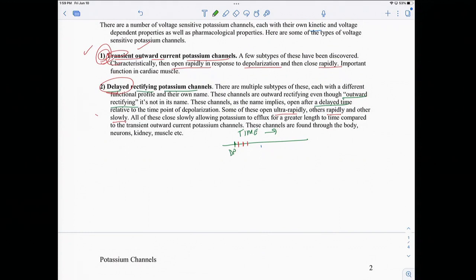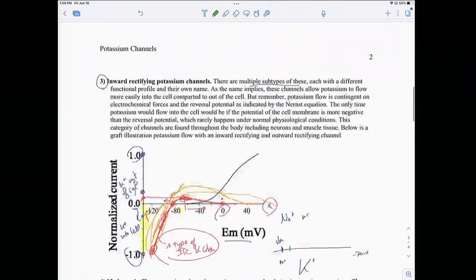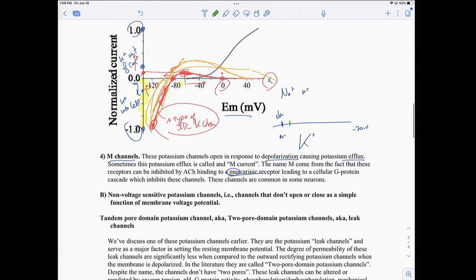Delayed rectifying means there's a little bit of delay before they open after depolarization, but how long they stay open depends upon what subtype of delayed rectifying potassium channel it is. So this would be my potassium channel, a delayed rectifying channel. I'm just going to make this up here.